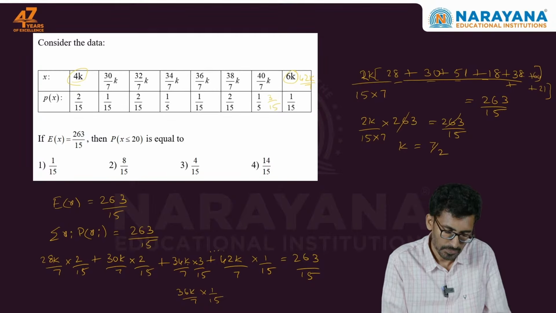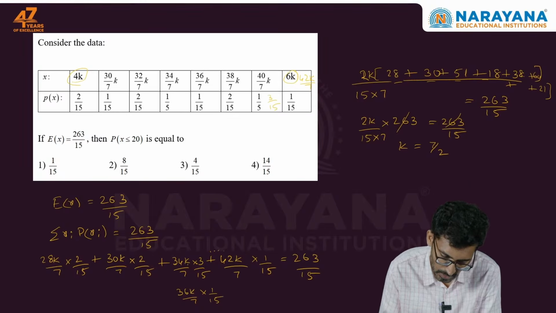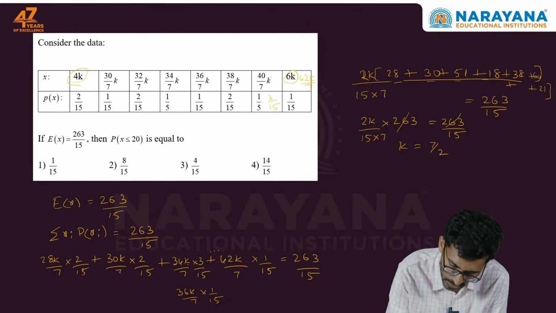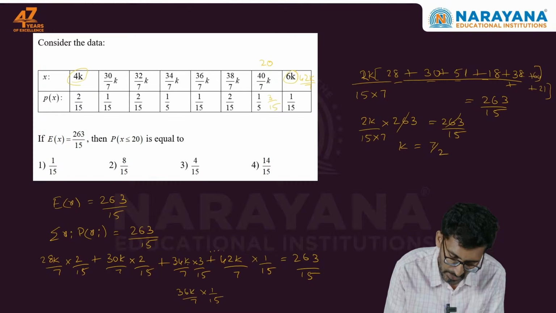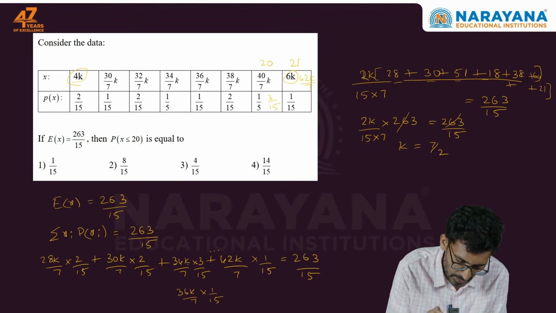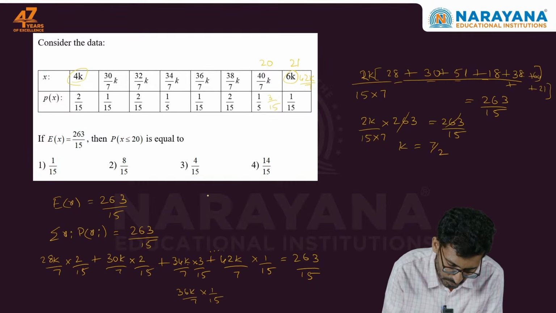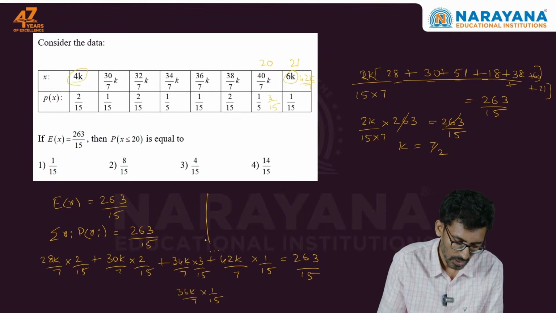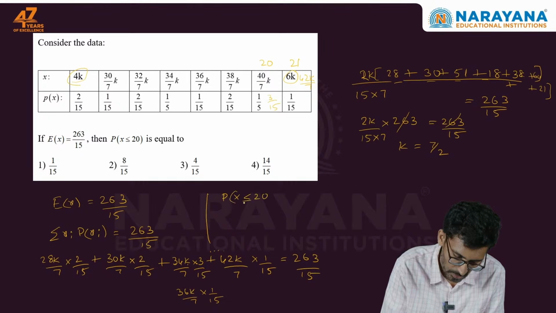They are asking p of x less than or equal to 20. Okay, p of x less than or equal to 20 means, here if I write k is equal to 7 by 2, here I am getting 20 and here I am getting 21. They are asking p of x less than or equal to 20. So I will take the complement: p of x less than or equal to 20 means I can write 1 minus p of x is equal to 21.